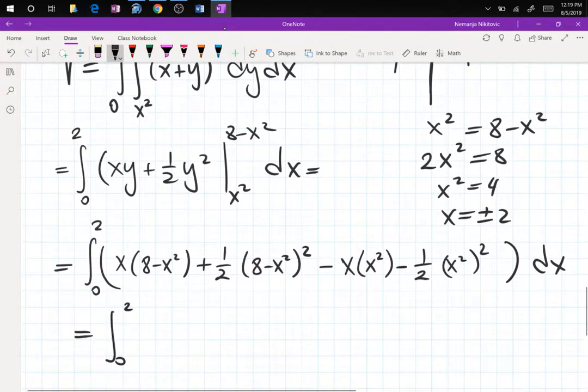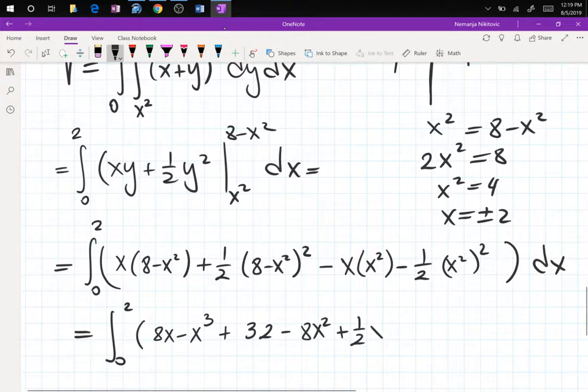Integral 0 to 2, and now we just have to multiply everything. So this is 8x minus x cubed plus, we have to FOIL this and apply a half. That's a 64, half of 64 is 32, so 32 minus 8x squared plus 1/2 x to the 4th minus x cubed minus 1/2 x to the 4th, dx.